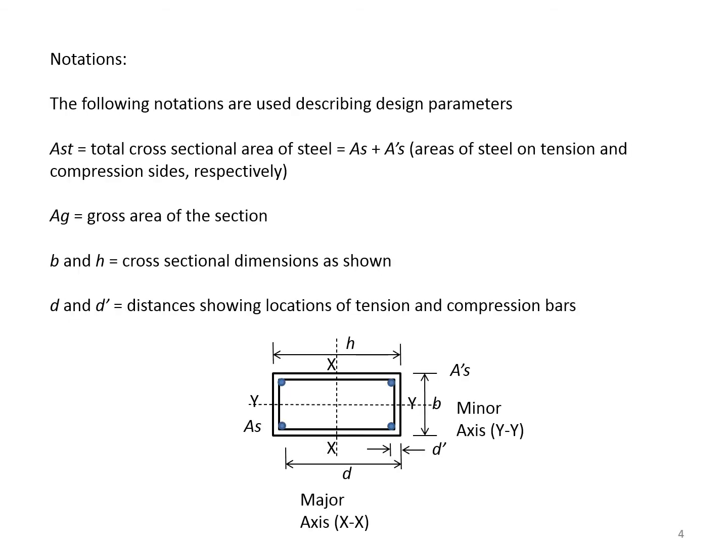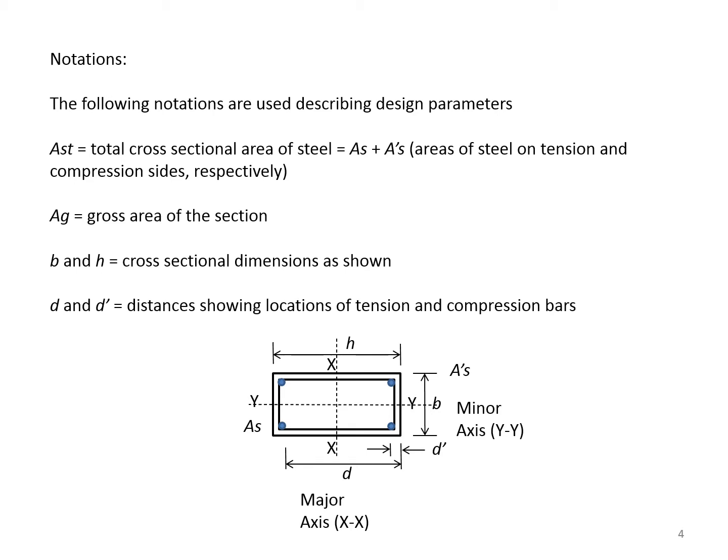These are the notations. Ast is the total cross-sectional area of steel. In the example shown, it is equal to As plus A prime sub s. As and A prime sub s are areas of steel on the tension and compression sides respectively. In the figure shown, compression steel and the compression side is to the right, tension steel and tension side is to the left.